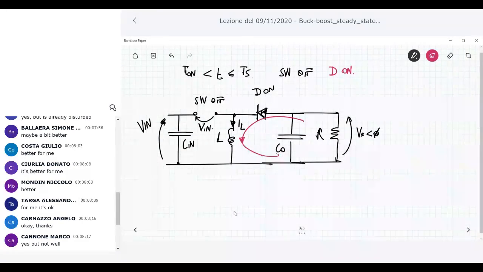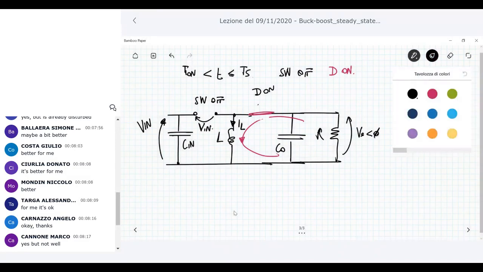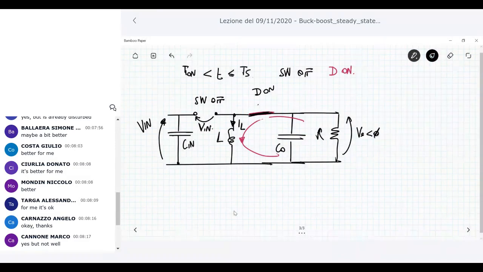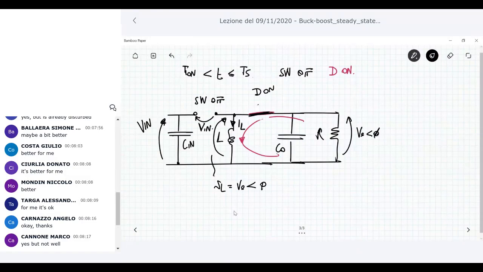If the diode is on, it can be replaced by a short circuit, since the diode is considered to be ideal. In that situation, the voltage across the inductor, VL, is the same as V naught. But remember that V naught in the buck boost is negative, with an opposite polarity with respect to the input voltage.